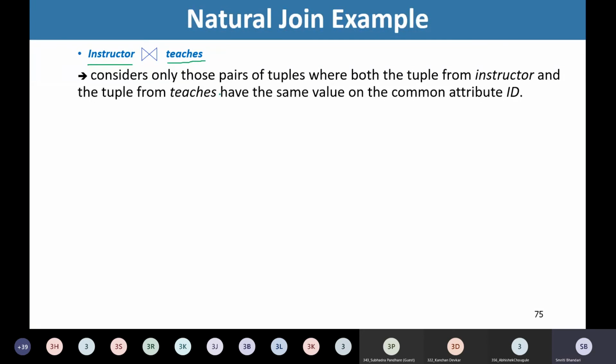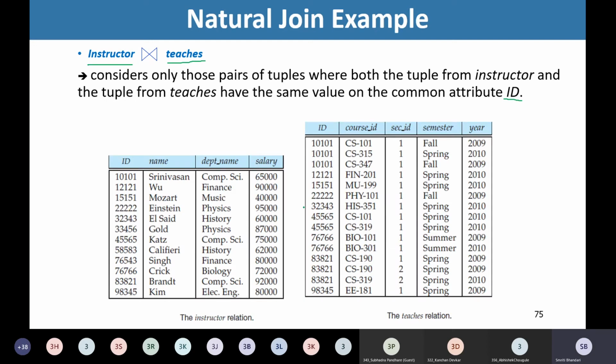This natural join will consider only those pairs of tuples where both the tuple from instructor and the tuple from teachers have the same value on the common attribute ID. If you remember the schema, we have a common attribute in these two relations. We have seen this yesterday also. The common attribute in these two relations is the ID, instructor ID.